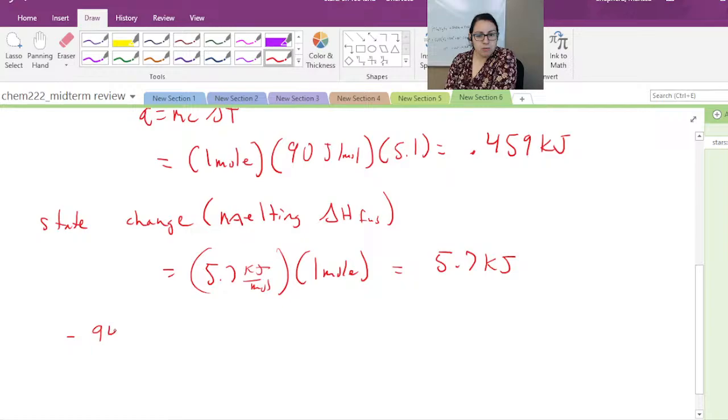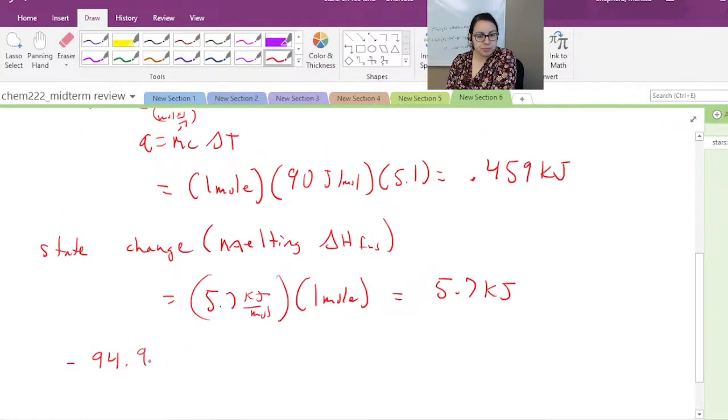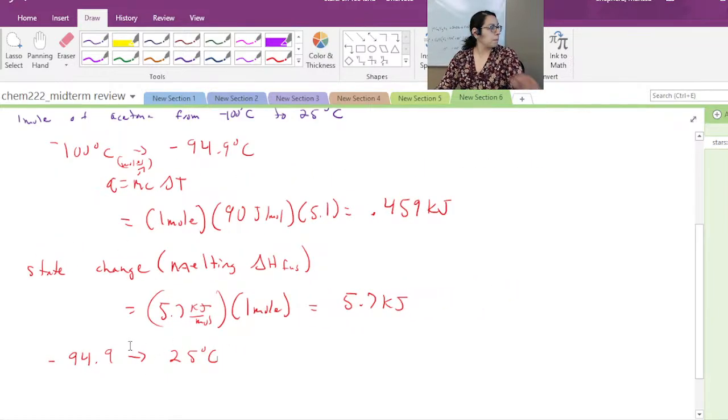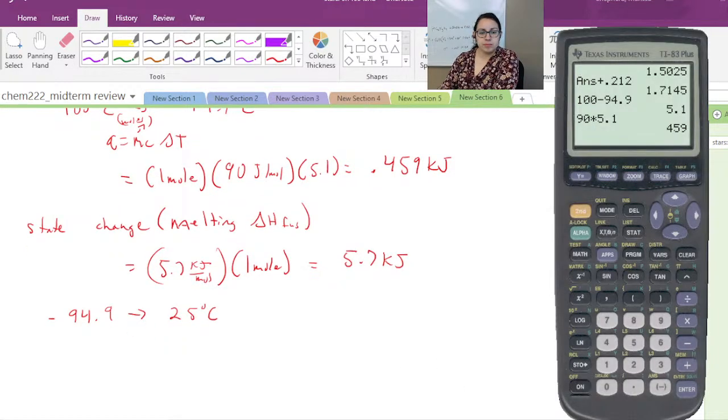Negative 94.9 to 25 degrees Celsius. So I'll find my delta T. So I got a delta T of 119.9.